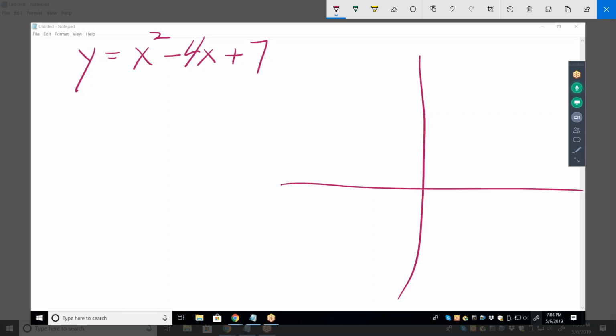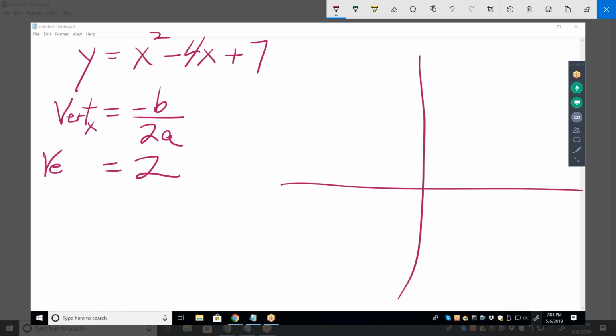My favorite is to get the x coordinate of the vertex, written like that. You know this formula? Wouldn't it be negative b over 2a? Very good. What's that equal to here? That would be 4 over 2, which is just 2.